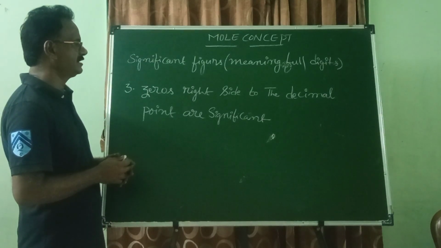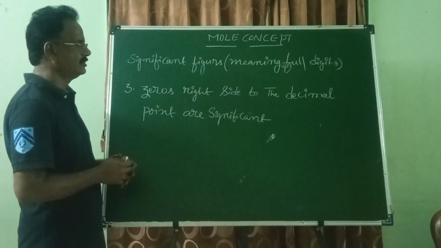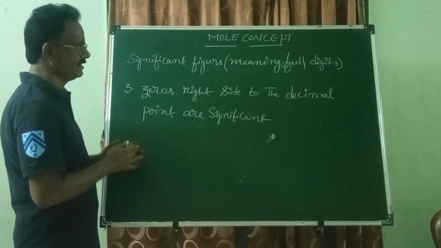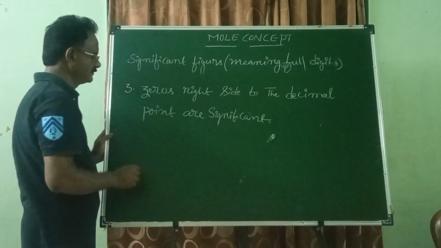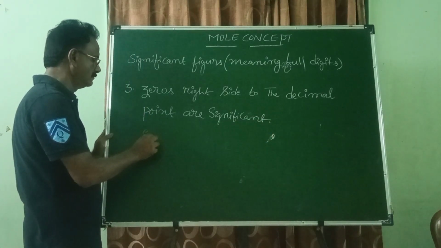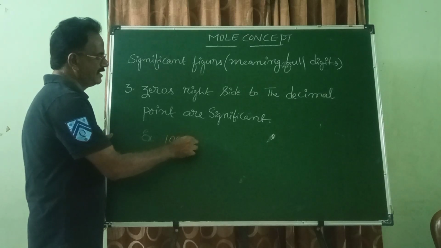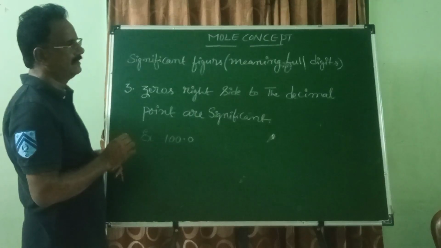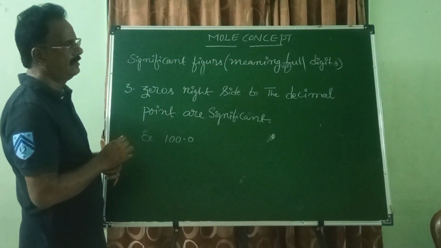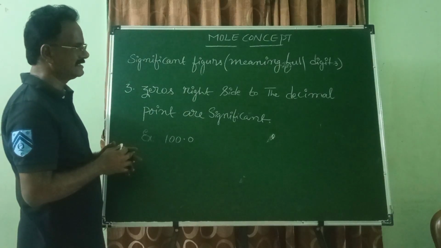Rule number 3: zeros right side to the decimal point are significant. Let us consider one example. If you have the number 100.0, here how many significant figures? Let us see.